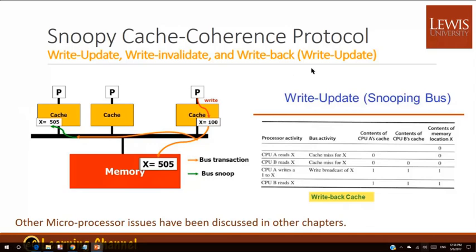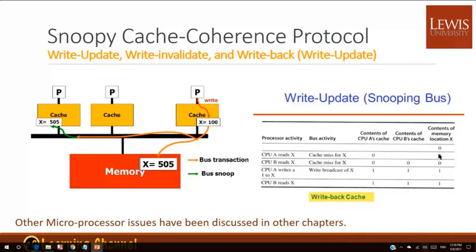So there are different kinds of protocols. Right here we have the write update bus protocol. This is one example. When CPU A reads X, the bus activity is a cache miss for X. When there is a cache miss for X, you have to read it from memory. The cache content of A will not exist yet.